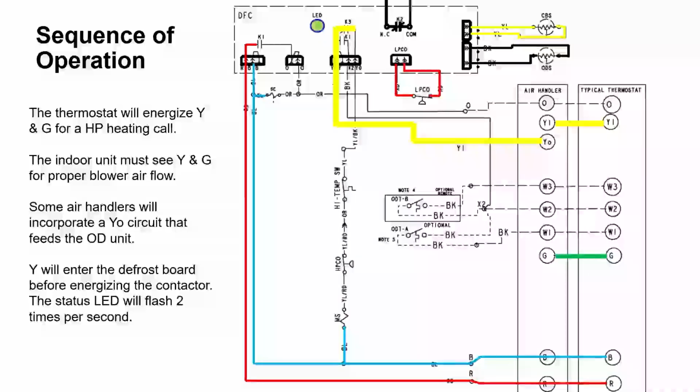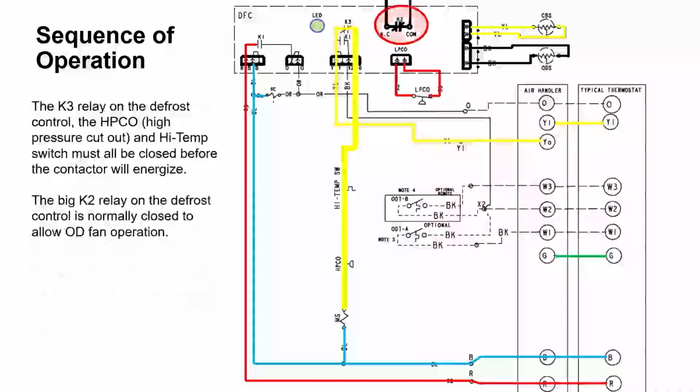Once we get a Y signal, we're going to get a two flash on our control board, and that provides a notification that we're running in heating mode. So that's 2 times per second. On the K3 relay here, Y comes up into the K3 relay.